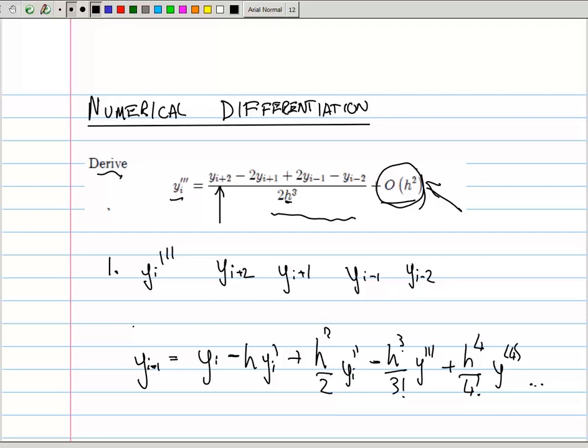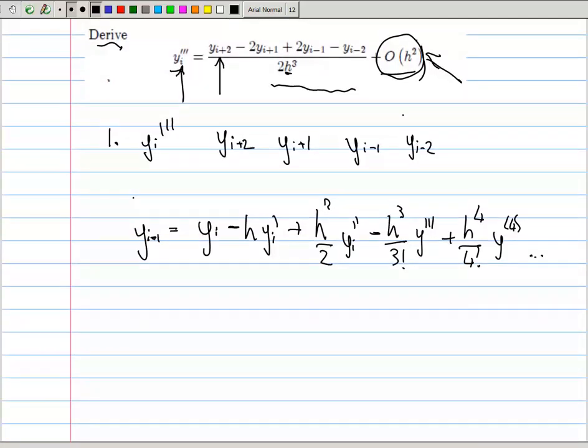Now, you'll notice that attached to each of the primes of y, we have an h term. And what's important to note is we want accuracy to h squared, and we know that we're looking at y to the third prime. If we look at y to the third prime, we have got an h cubed. And if we look at what our accuracy needs to be, it's an h squared.